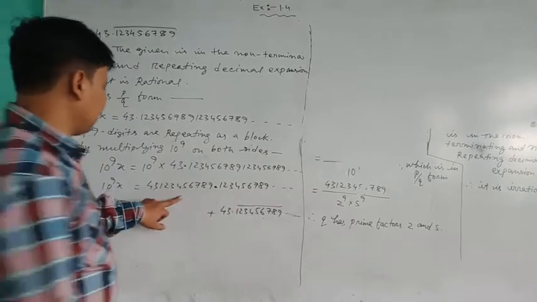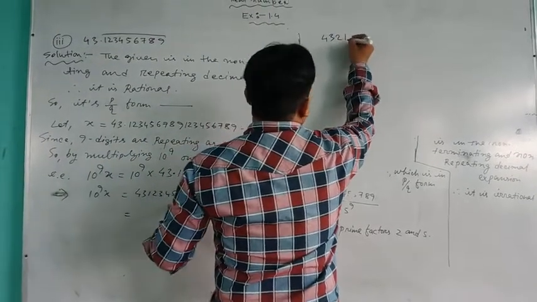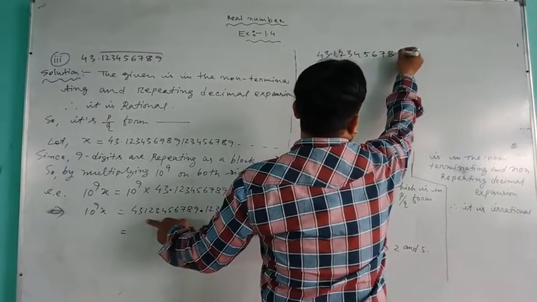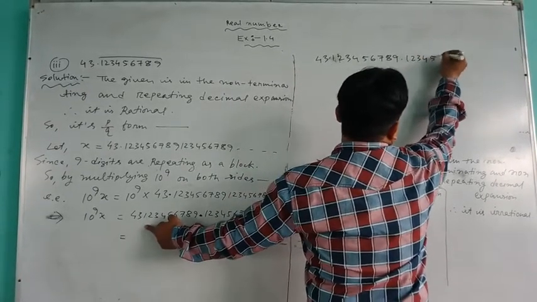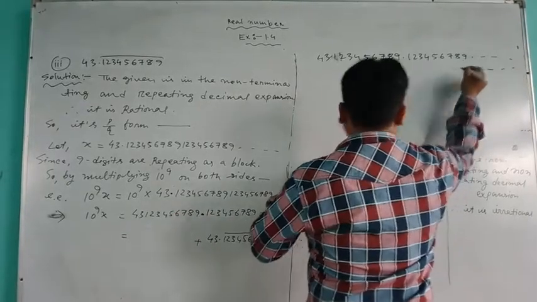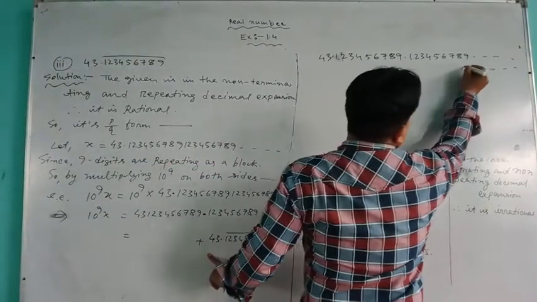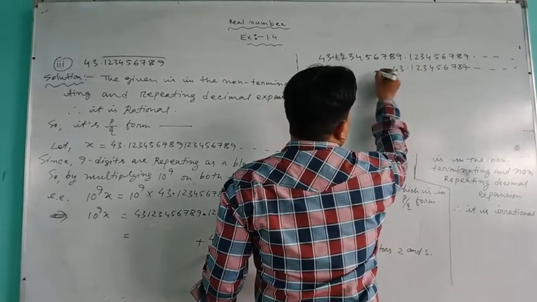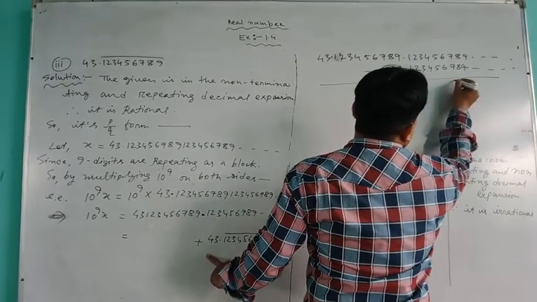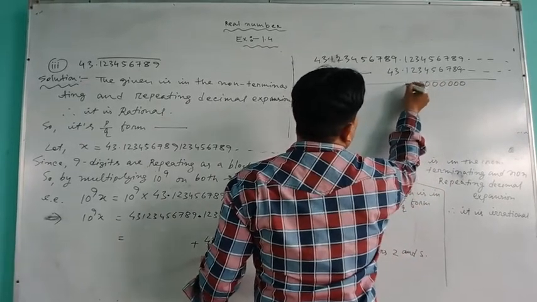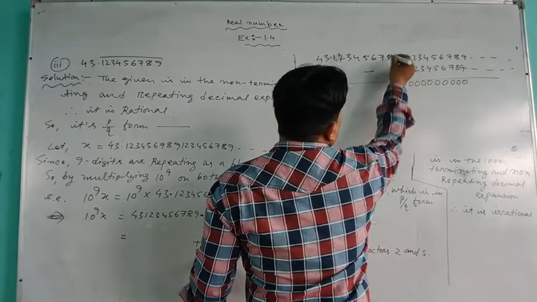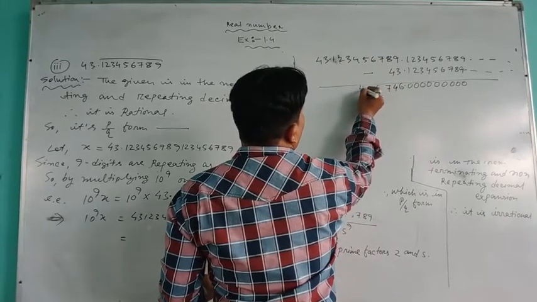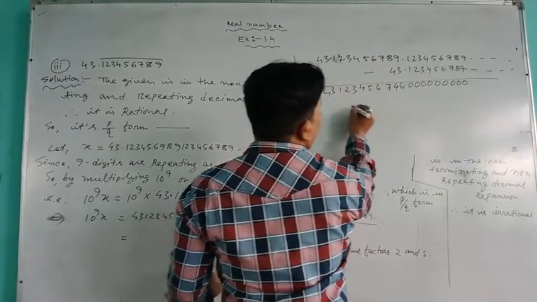First of all, write down this number: 43.123456789123456789 and then write the other number: 43.123456789 and subtract. The zeros part is 0.000000000, then 9 minus 3 is 6, 8 minus 4 is 4, and the remaining 7 6 5 are the same.